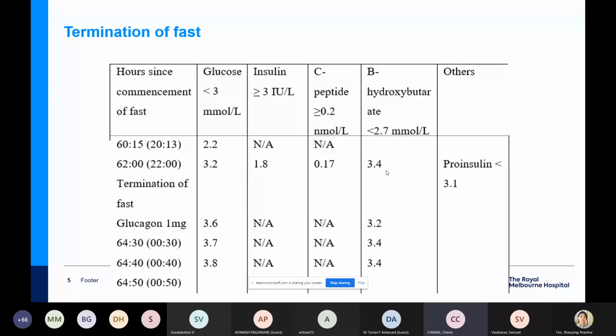Would you say it is a positive or abnormal 72-hour fast because of the inappropriate insulin and C-peptide? Would you call it inconclusive because despite the inappropriate insulin and C-peptide, we also have an inappropriate beta-hydroxybutyrate, a little bit too high for someone with insulinoma? And also, after giving glucagon, there was a lack of a rise in glucose to reflect insulin excess associated glycogen storage in the liver.